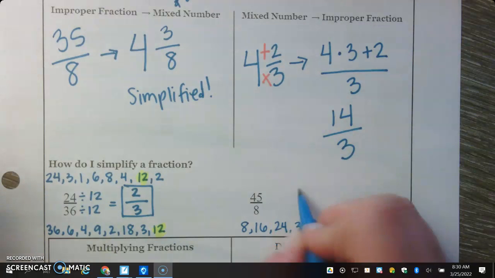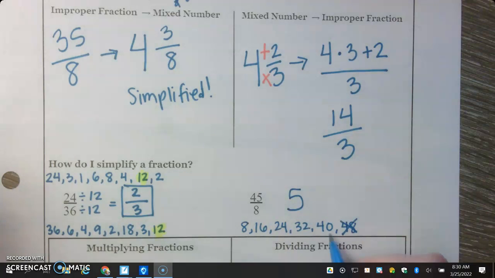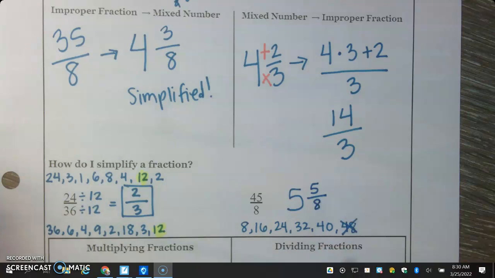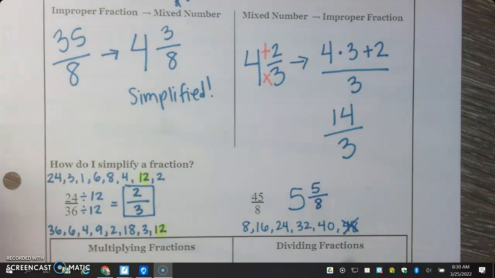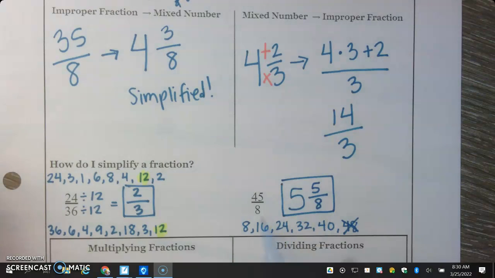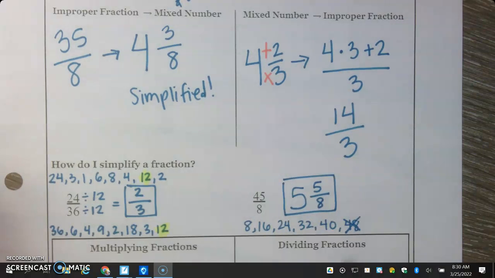So I know I've got 5 wholes. That gets me to 40. How many more do I need to get to 45? 5, and my denominator stays the same. So 5 5/8. And that is the simplified version of an improper fraction. Pause the video, get caught up, write everything down that Miss Weinkauf has written down.